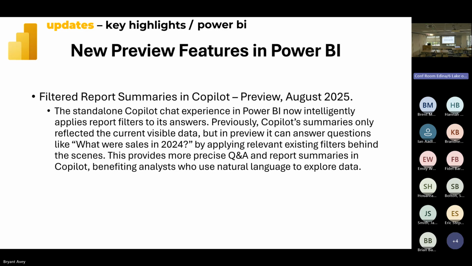So if you had filters and you were looking at a certain date range, whatever data you were viewing is really all it could answer. Now it interrogates the data, and instead of just answering your question, it can be like, oh, let me show you. I'm going to apply the filters to your report and show you what you asked, and directly apply filters and things to the report. It sounds really cool. I haven't seen it work yet, but I'm interested in trying that one out.